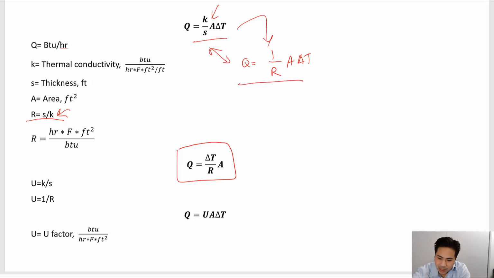Now if we rearrange this, we get that, where it's just delta T over A multiplied by A divided by R.